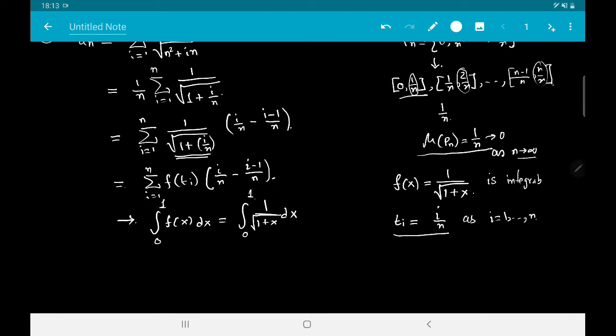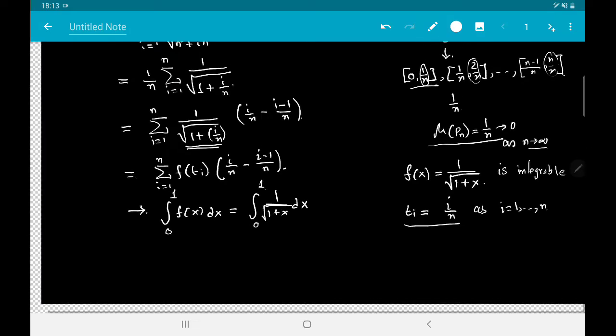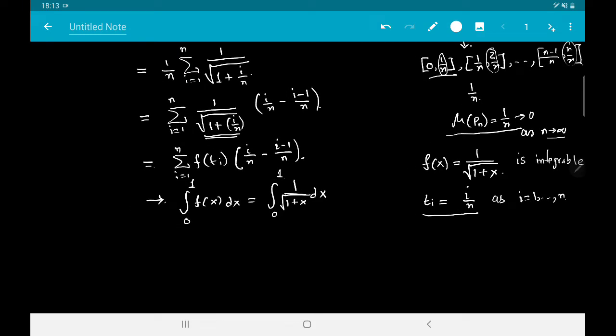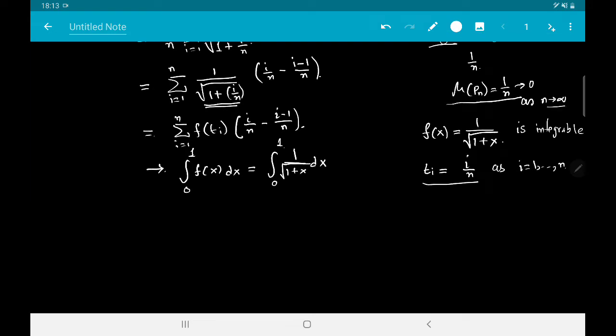And how do we see that? Very easily. We can see that this function is continuous in the closed interval, and consequently this function is integrable. Also, you could argue that this function is monotone, but let's not talk about these things too much. But I hope you understand what I am saying.